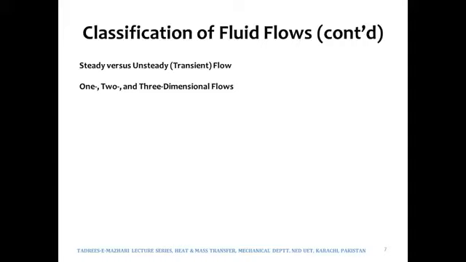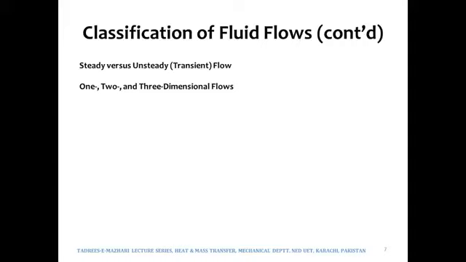And just like the heat transfer may be 1, 2 or 3 dimensional, as we had seen in chapter number 2, especially while we were deriving the heat diffusion equations and discussing the 3 coordinate systems. In Cartesian we had 3 dimensions, x, y and z. Similarly in cylindrical we had 3 dimensions, and in spherical we also had 3 dimensions.